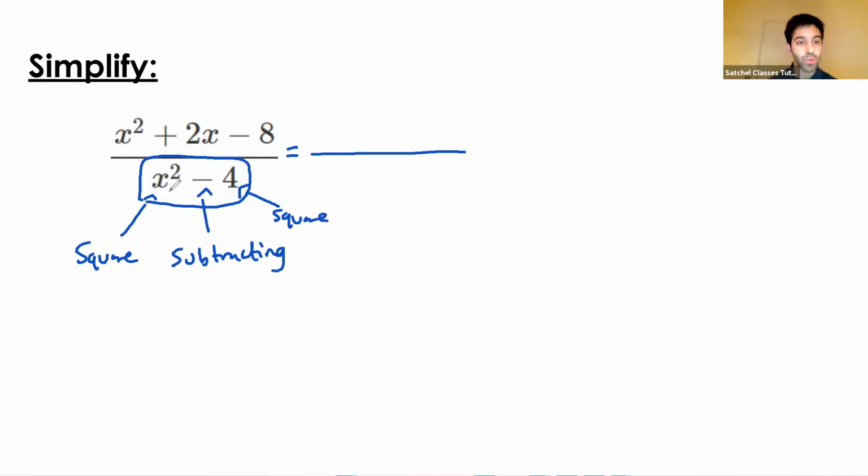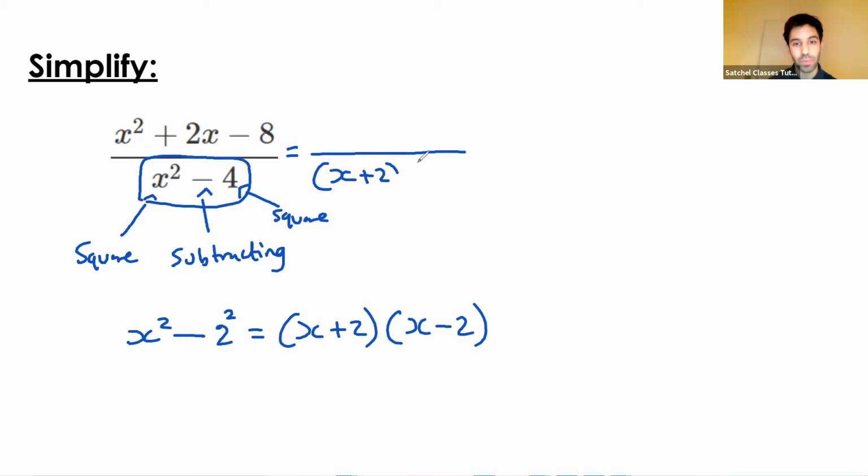So this will require you to factorize using the difference of two squares. And if we were to factorize this, x squared minus, we need to write this in index form, so minus 2 squared, and this is going to be x plus 2, x minus 2. So once we factorize this, we will have x plus 2 multiplied by x minus 2.